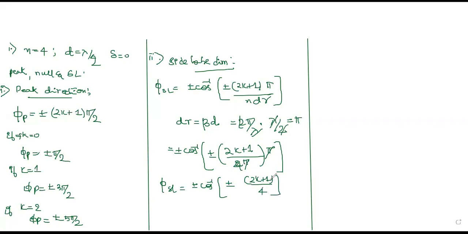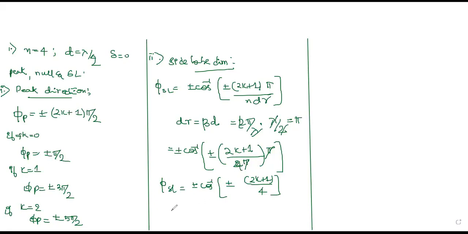Understood till here? How do you write it? Consider the formula d_r. We have equated it to beta d. Beta formula is 2 pi by lambda. D, the value given in the question, is lambda by 2. Cancel the values, you'll get pi. Substitute in place of d_r as pi. N value is given as 4. Pi and pi get cancelled. You will get phi SL as this equation.